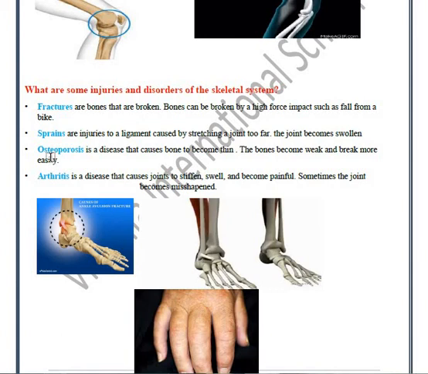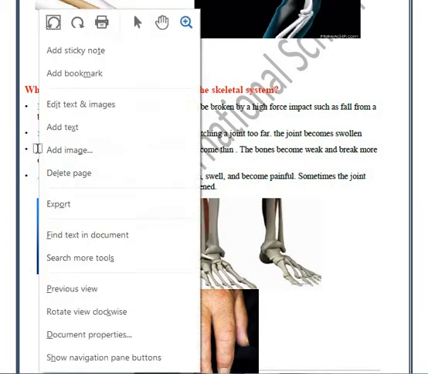Third, we have osteoporosis. What's osteoporosis? Osteoporosis happens when you have a low calcium supply in your diet. It's a disease that can cause bones to become very thin, weak and fragile and they can be broken easily. Okay? And this actually happens to old people.